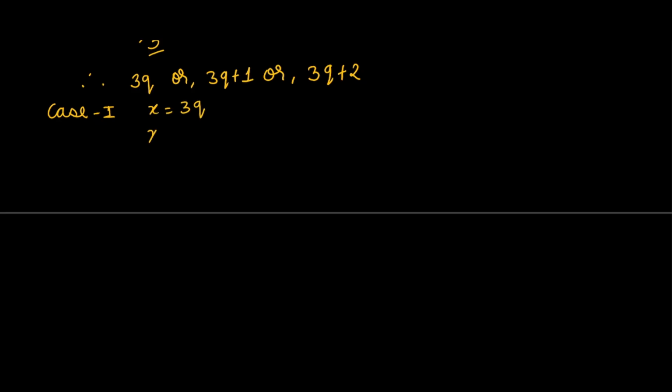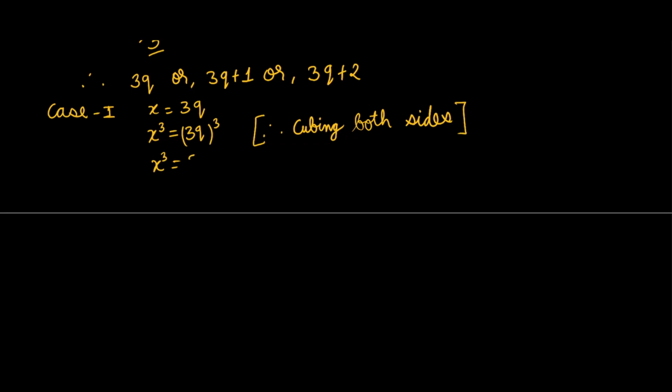So we will cube both sides. 3q whole cube. We will get 3 3s are 9, 9 3s are 27, q cube.